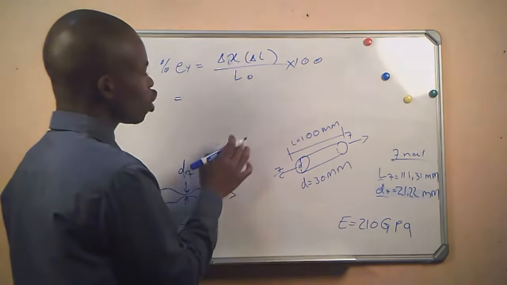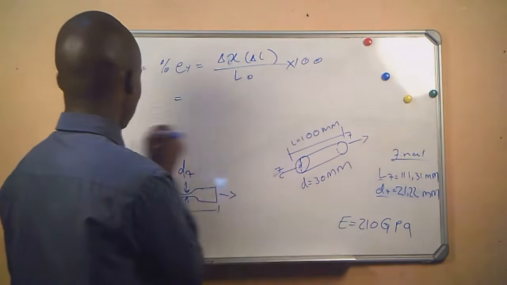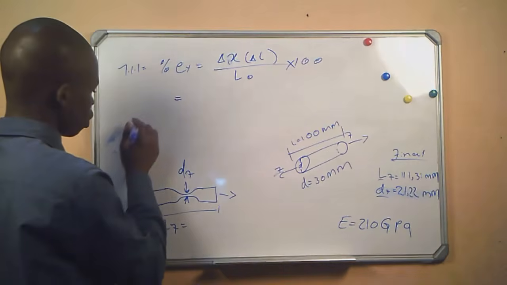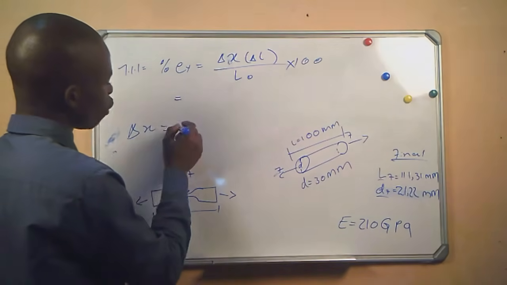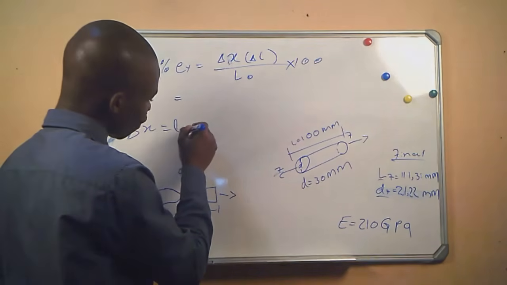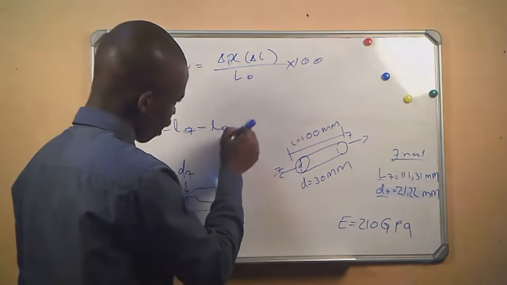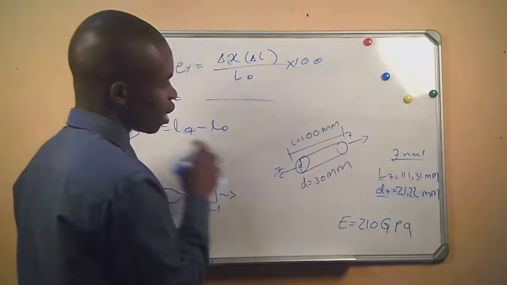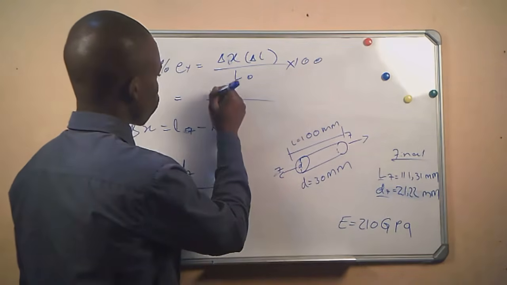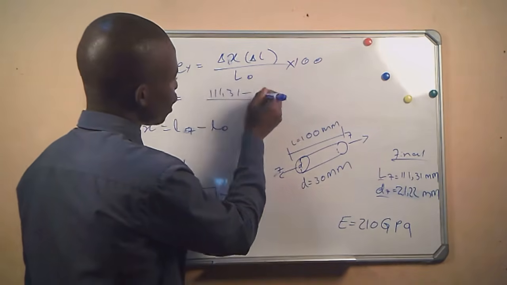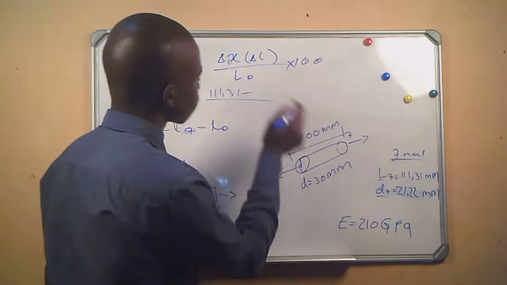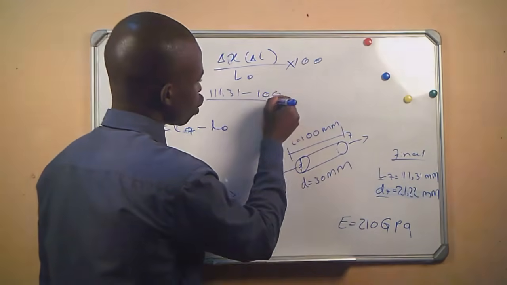And then the change in length will be the final length minus the original length. This is the final length, 111.31 negative 100, which is the initial length.